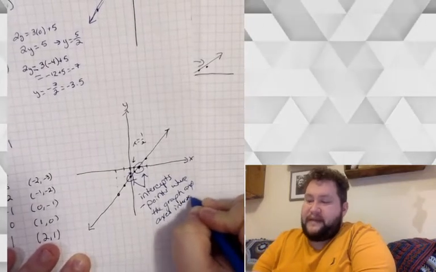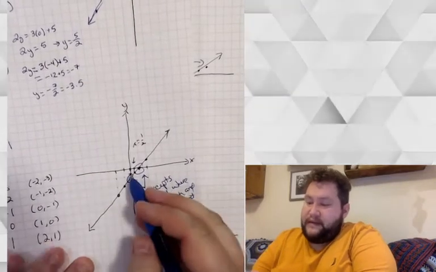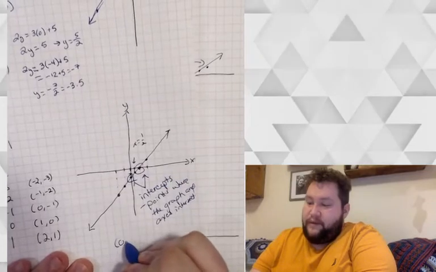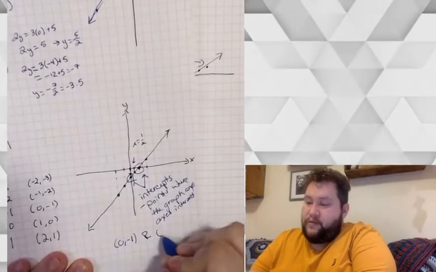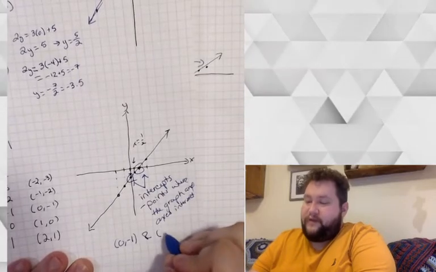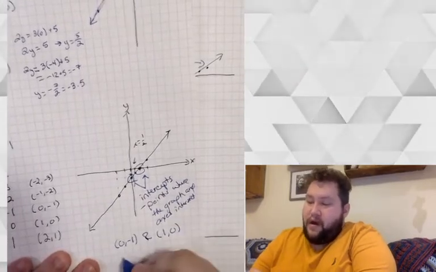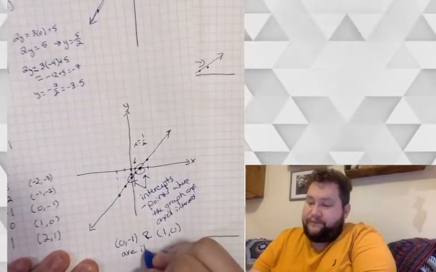So we could say that this point, 0, -1, and what was the other one? 1, 0. 0, -1 and 1, 0 are intercepts.